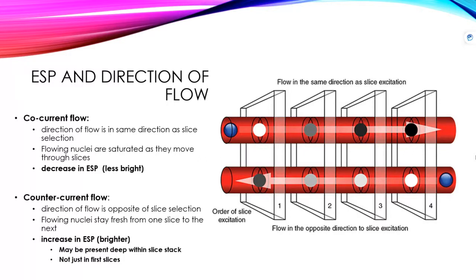And so the blood has been exposed to excitation pulses a few times now. And so it's more of an equal signal contrast. So you're either going to have bright signal contrast in the first slice or the last slice, depending on the direction of acquisition and the direction of flow.